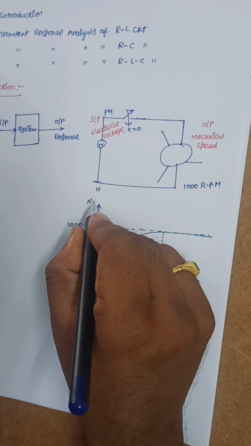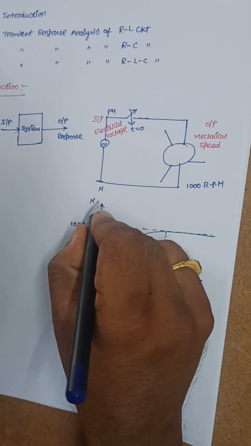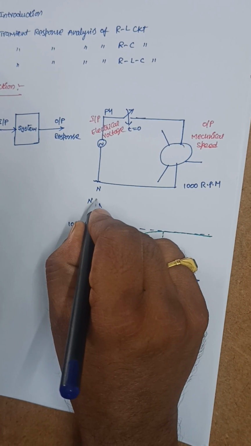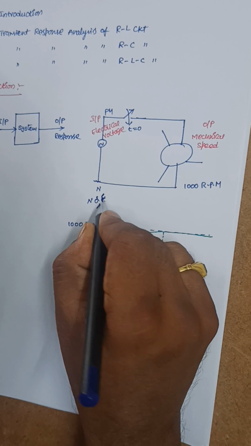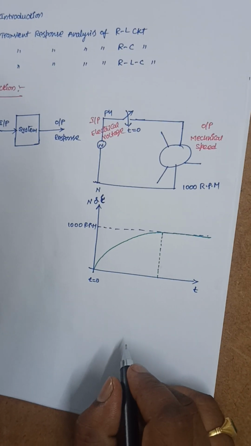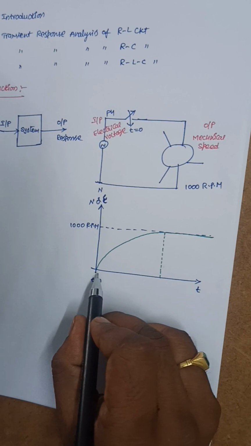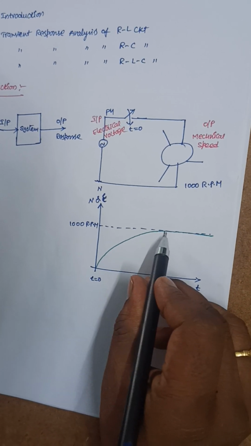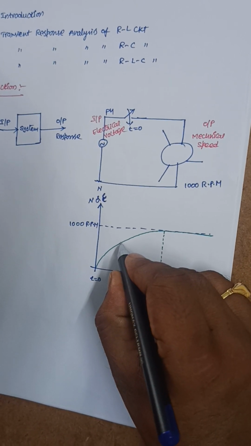That means the speed of the fan N is proportional to the current I of t flowing through this fan. Alright, here in this curve it has two parts, one curve and another curve.